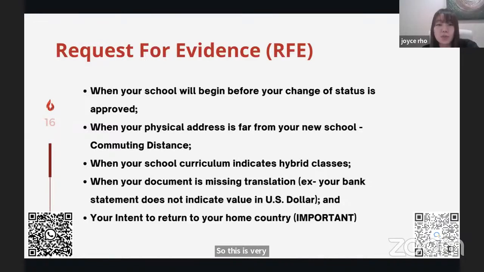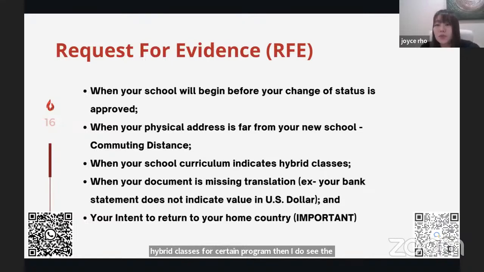And then the third one has a purpose quite similar to number two. When USCIS notices that the letter from the school mentions hybrid classes, saying that this person is attending hybrid classes for a certain program, I do see a tendency that USCIS sends RFE letters to students.